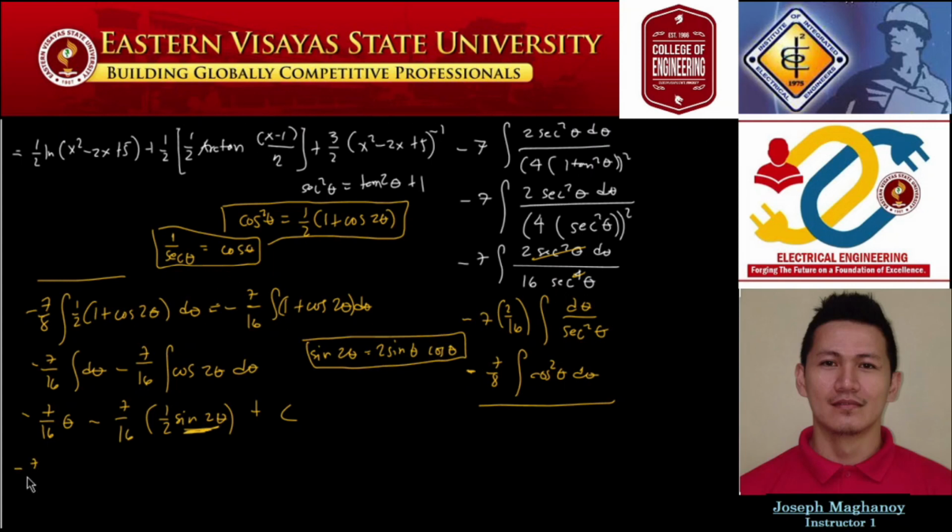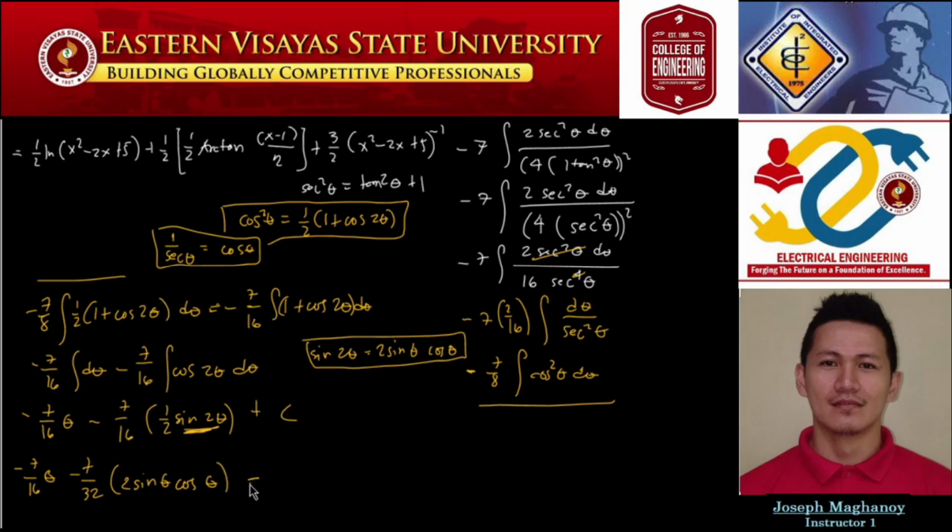So negative 7 over 16 theta minus 7 over 16 times 1 half, it will become 7 over 32. Quantity sine 2 theta, we replace it with our identity, 2 sine theta cosine theta.